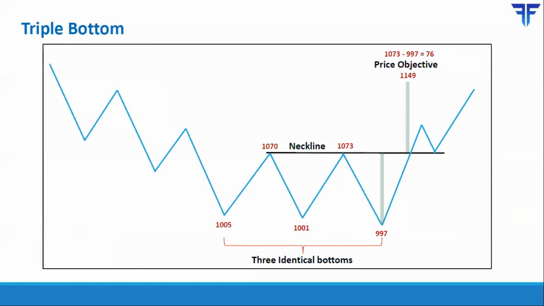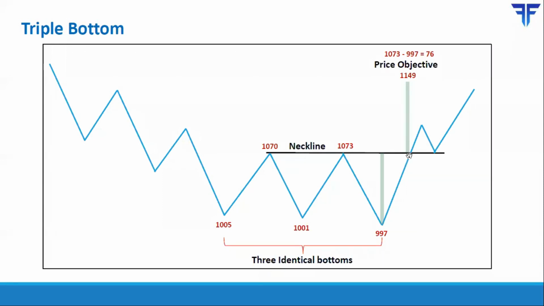The opposite of that is a triple bottom pattern. It's a bullish reversal pattern that appears near the end of a downtrend. What happens over here is that you have three identical bottoms that are separated by two intervening highs, and once price breaks above the two intervening highs, the triple bottom pattern is completed, and you could buy by keeping a price objective.